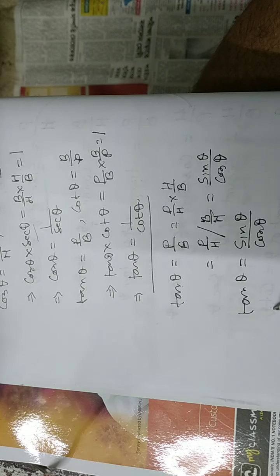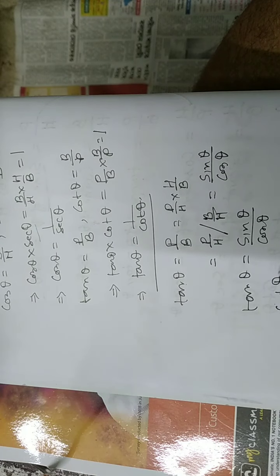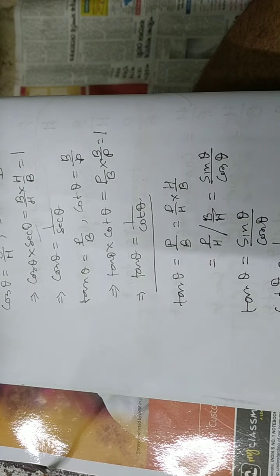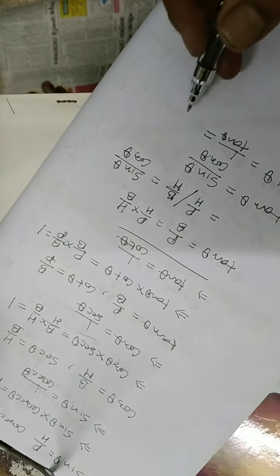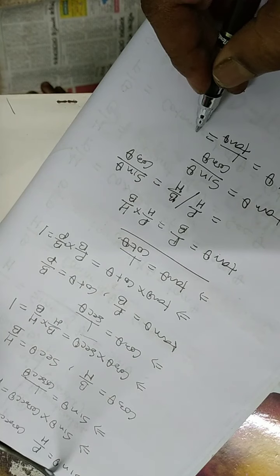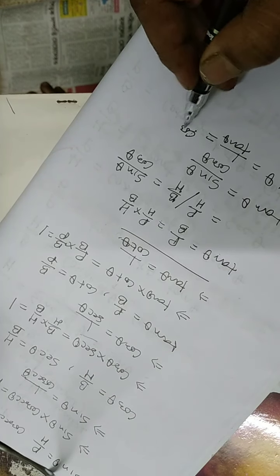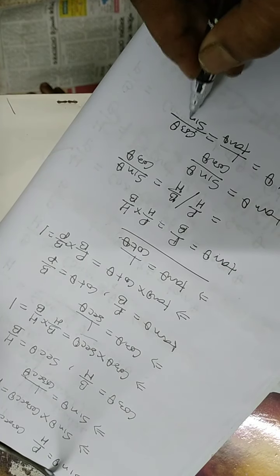So obviously tan theta equal to sin theta by cos theta, and cot theta equal to 1 by tan theta equal to cos theta by sin theta.